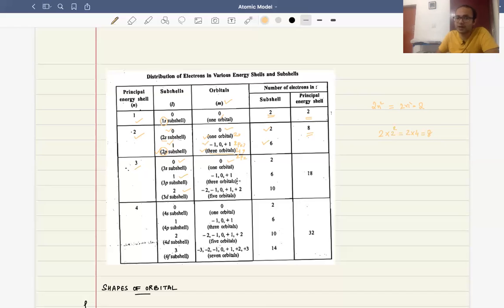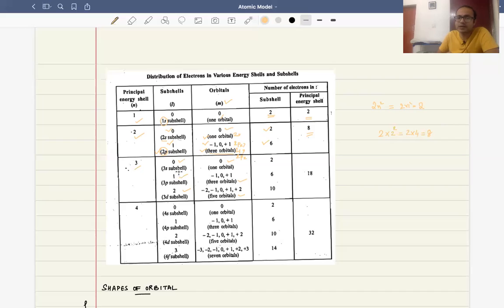When it is 3d, how many orbitals are possible? The m values are -2, -1, 0, +1, +2, so there are 5 possible combinations. So 5 orbitals are possible for 3d. The total number of orbitals in this quantum number is 1 plus 3, that is 4, plus 5, that is 9 orbitals.